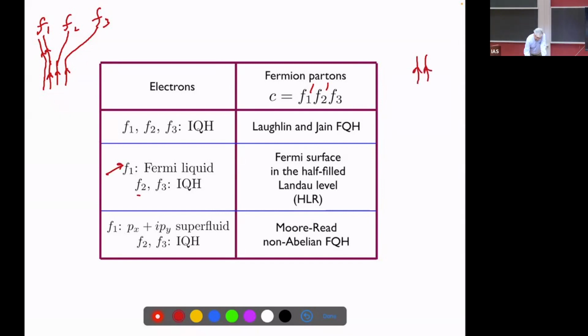You have 2 flux quanta, 3 partons, and they go into 2 of them, F1 and F2, and there's no magnetic field on the third one, so that will form a Fermi surface. And then if you do fluctuations about this and integrate out these filled bands, you will get the HLR theory for the half-filled Landau level.